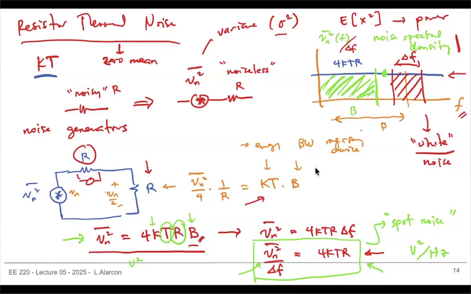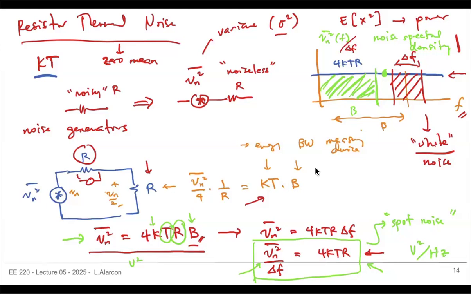We know that this is true because we know from our systems class that I can take the power either in time or in frequency, and they're going to be the same. Parseval's theorem. Okay, so any questions here?